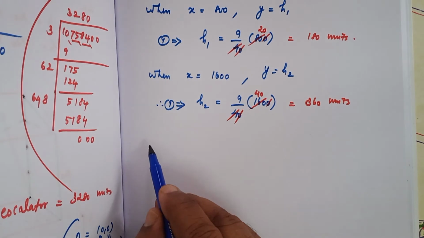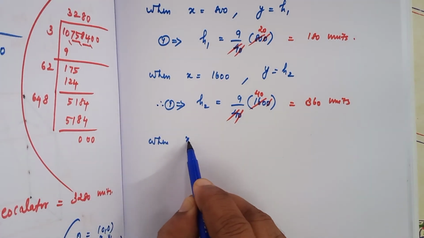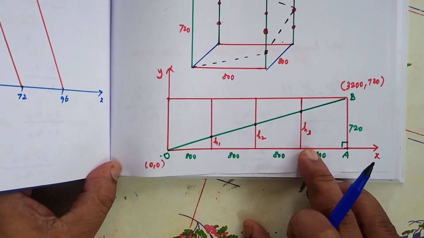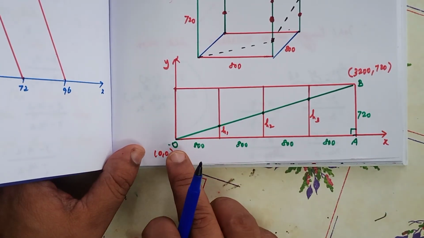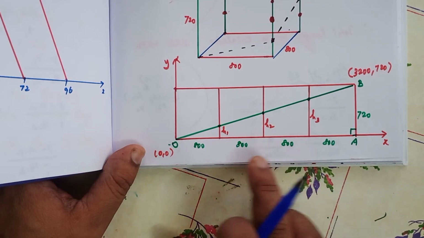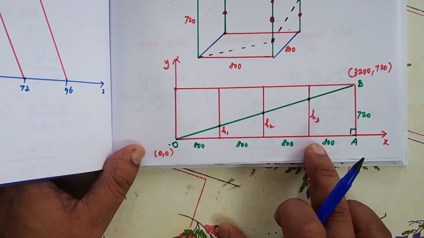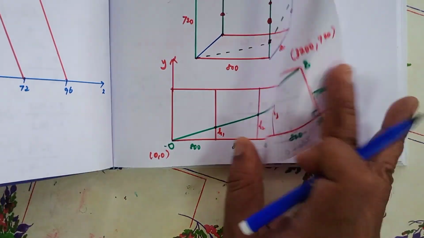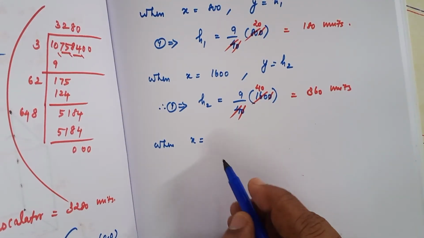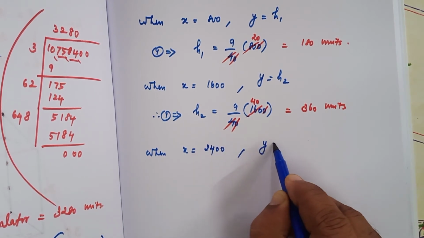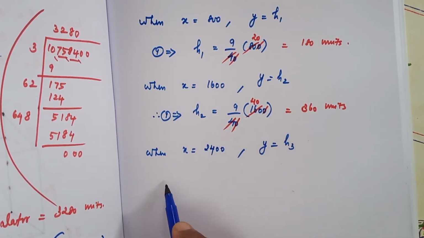Then, to find h3, you have to consider x as from here to there, totally 3 times 800, that is 2400. 2400 is x. y is equal to h3. X is equal to 2400, y is equal to h3.